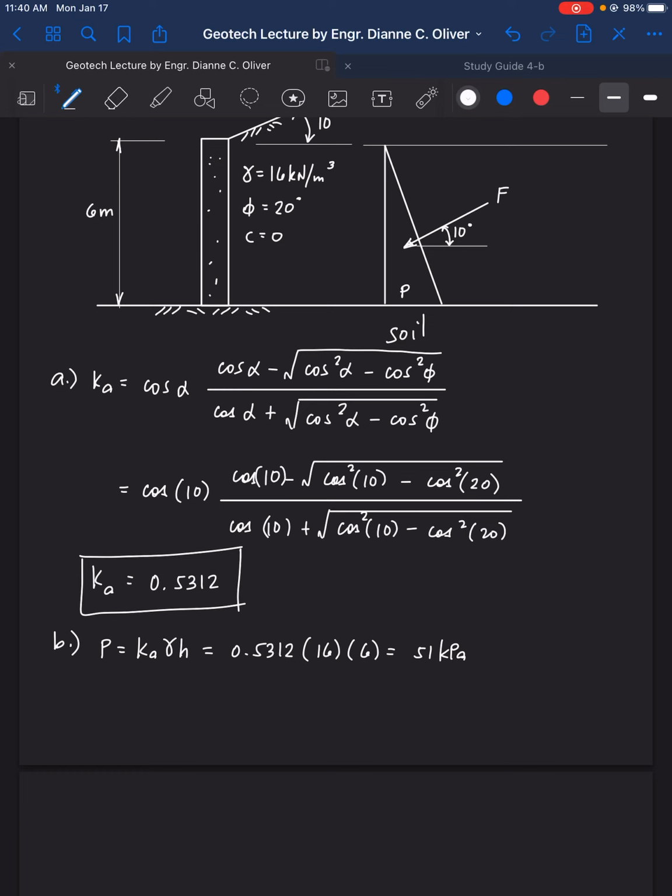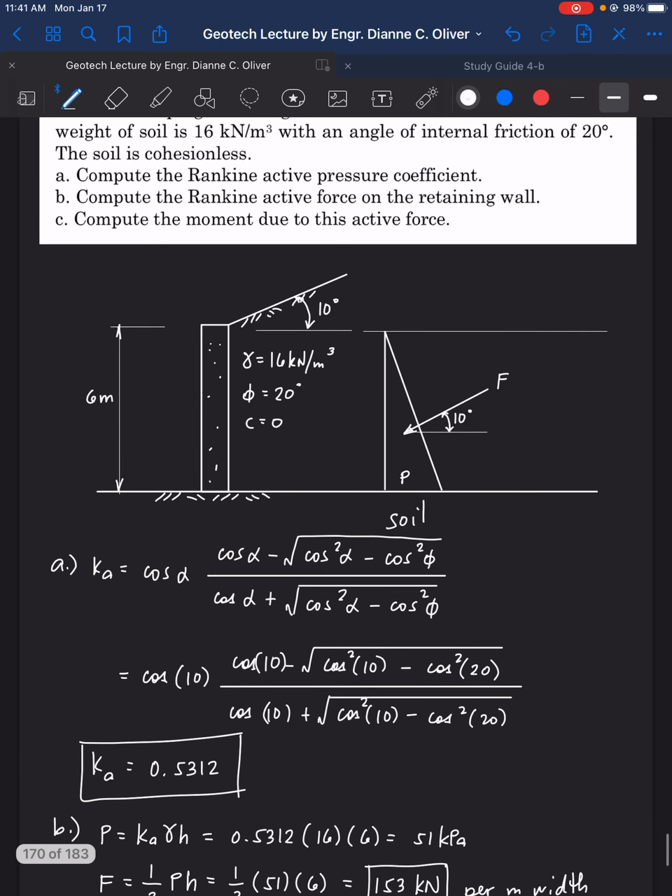Now if we get the value for P, we now have the value for F. From the uniformly varying load here, we have 1/2 base times height. So 1/2, the pressure is 51 and the height is 6. And that is equal to 153 kilonewton per meter width. Okay, so that is the Rankine active force on the retaining wall.